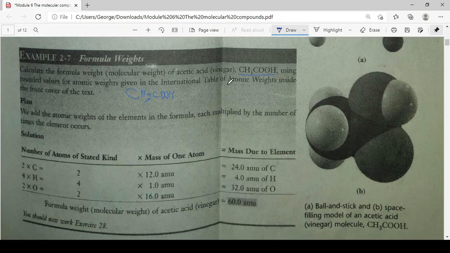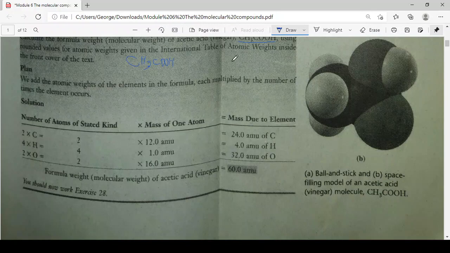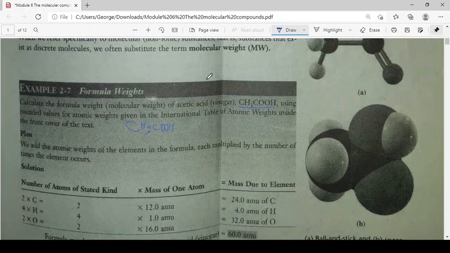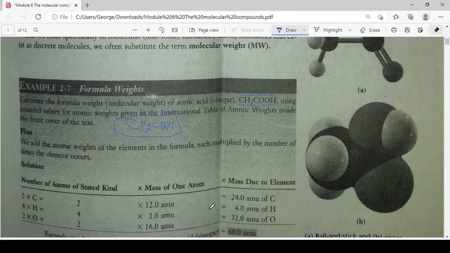Using rounded values for atomic weights given in the international table of atomic weights, which I will give you, it is still in the periodic table of elements. So we add the atomic weights of the elements in the formula, each multiplied by the number of times the element occurs.